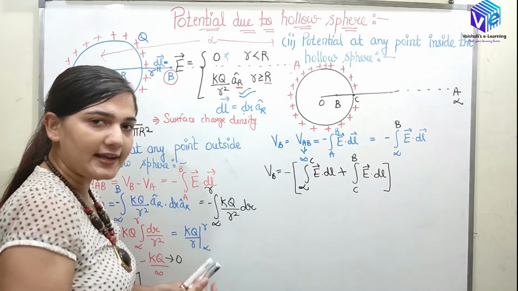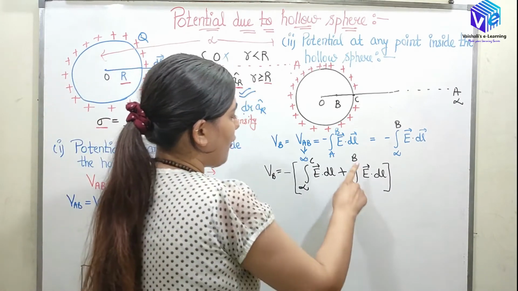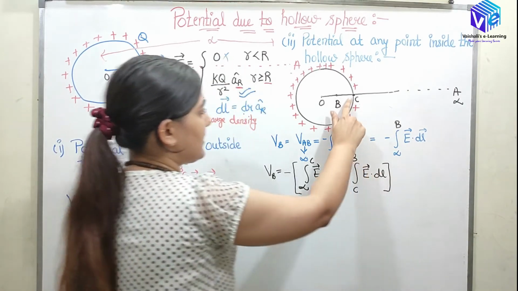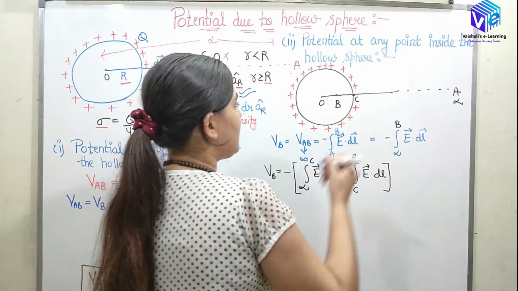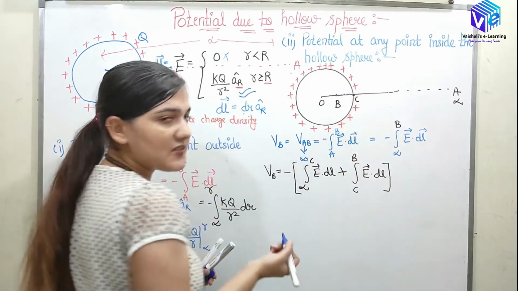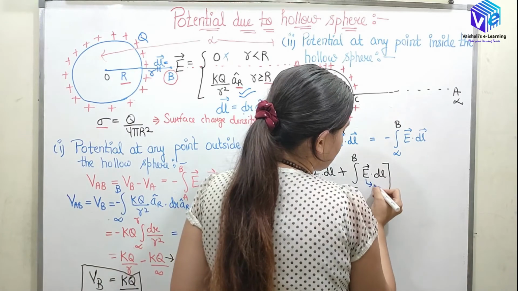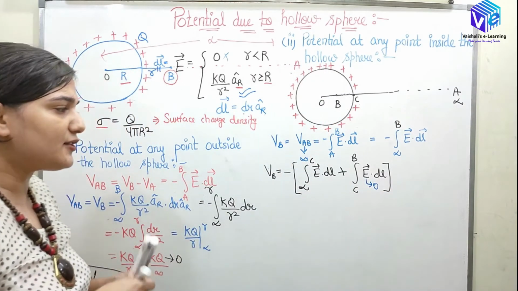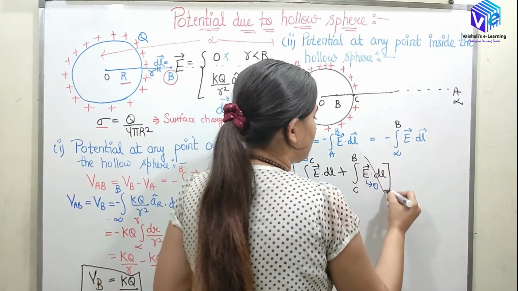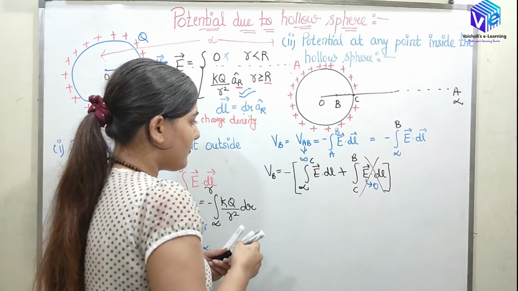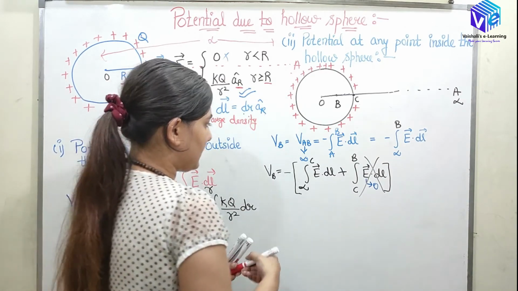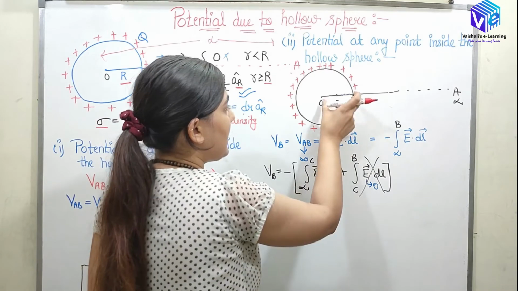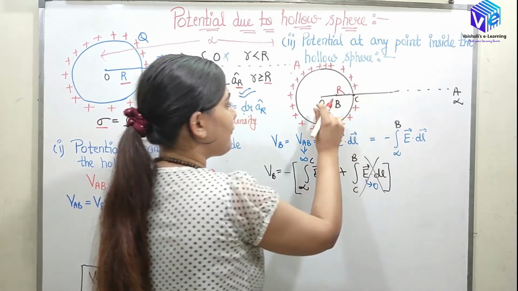So this is how I can divide it. Now what is E from C to B? This point is inside the hollow sphere, so this E will be 0. So there is no need to find out this integration. Okay, now we will be focusing upon this integration. The point C is at the distance R from the point O.